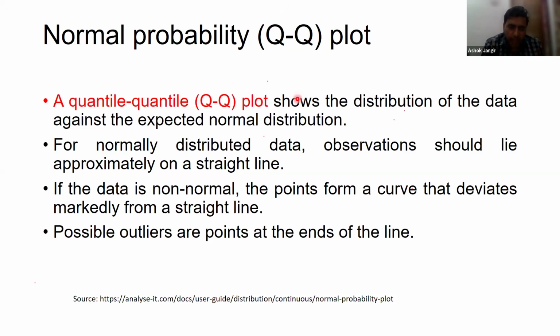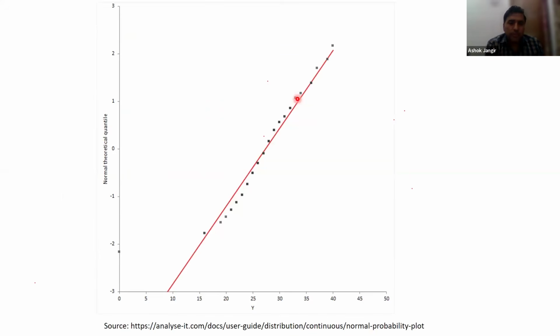So you can see here it is a QQ plot, and this is for the age variable. This is the QQ line, the quantile line, and all observations are close to this line, so it is called normally distributed.